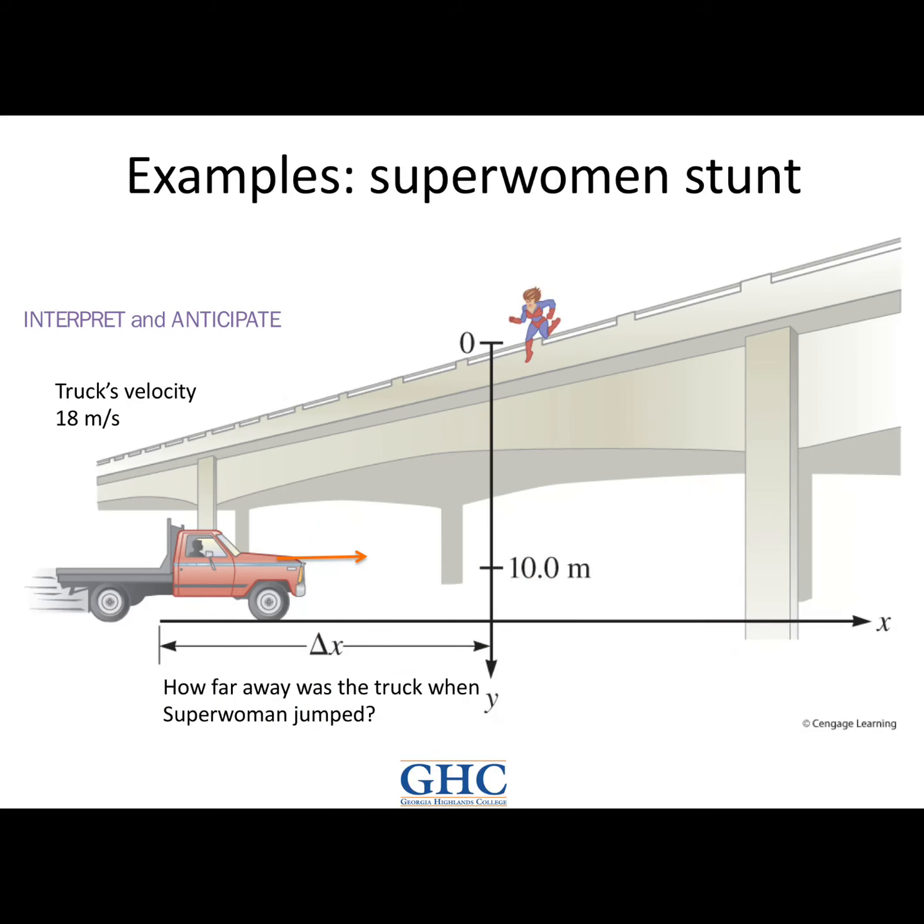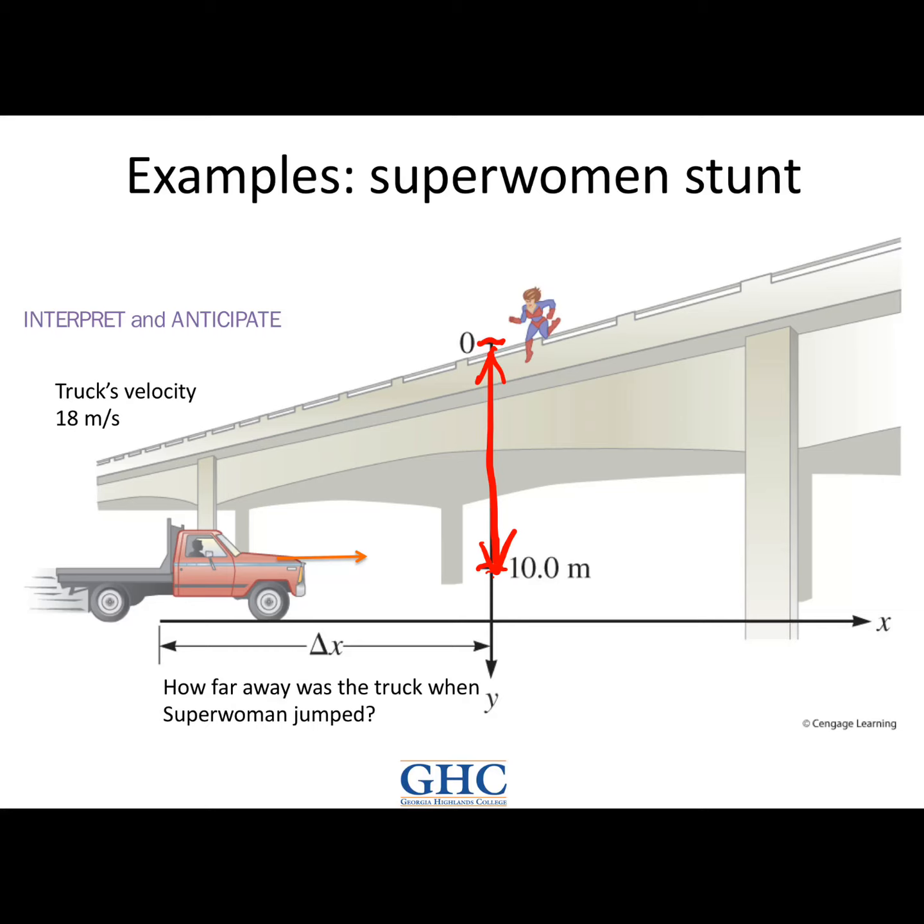Now the next example, we have a Superwoman who wants to jump on a truck. The truck is driving towards a bridge. The bridge is 10 meters tall. So if the truck is already under the bridge at the instant Superwoman jumps, there is no way she can land on the truck, because it takes some time for her to drop this 10 meters.